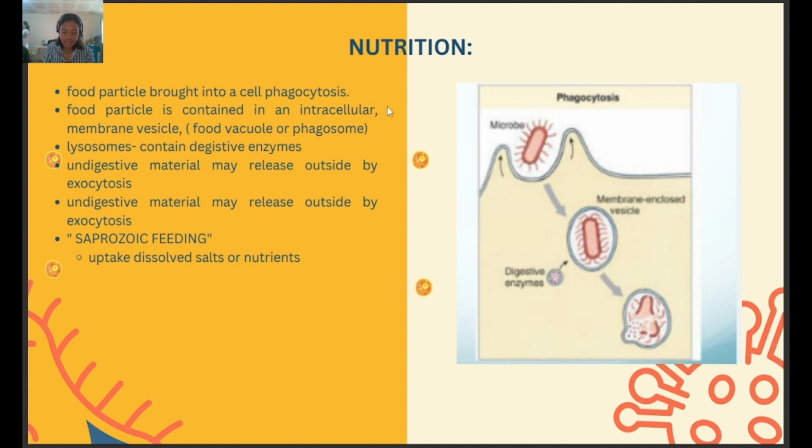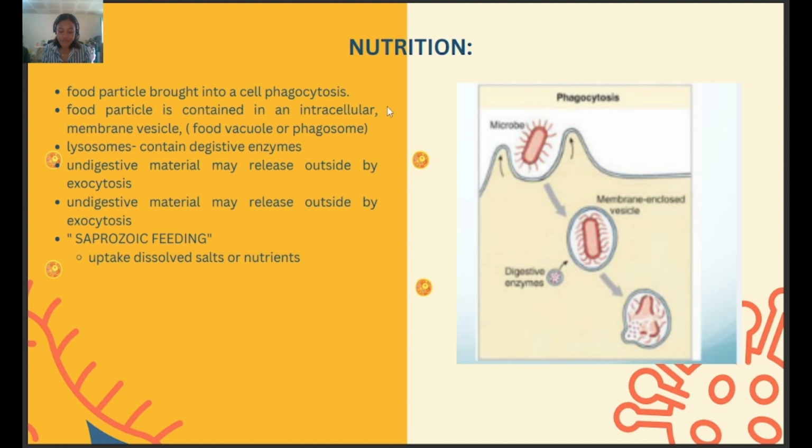Then the food particle is contained in an intracellular membrane-bound vesicle. Then it goes down to the lysosome, which contains the digestive enzymes, which fuse with the phagosome and pour their contents into it. That is where digestion begins.